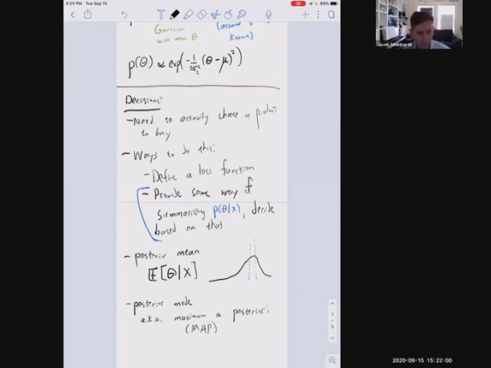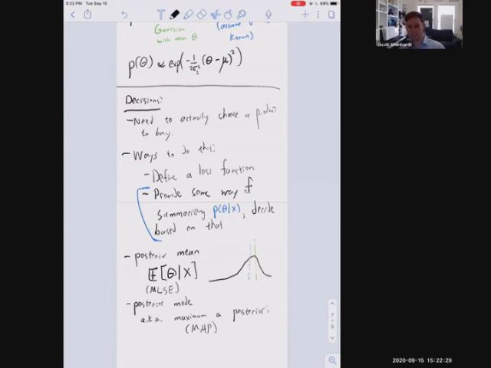Oh, and sorry, one other thing is this posterior mean has another name. It's sometimes called the MLSE, which stands for the minimum least squared error.